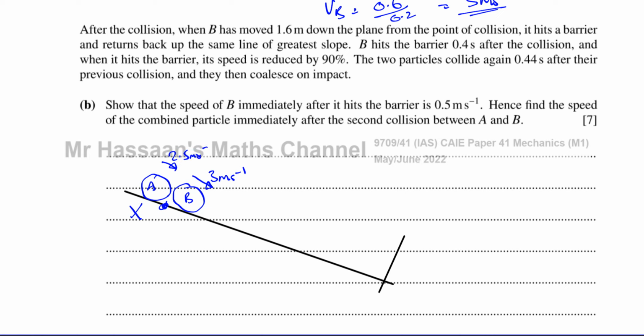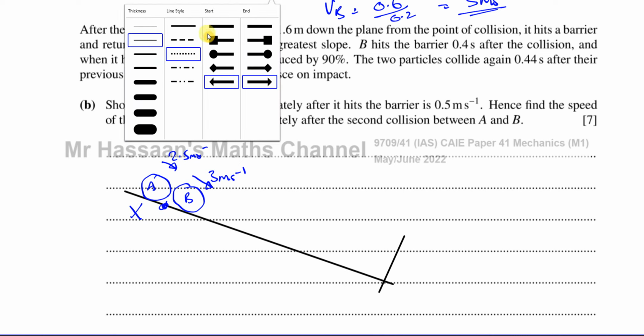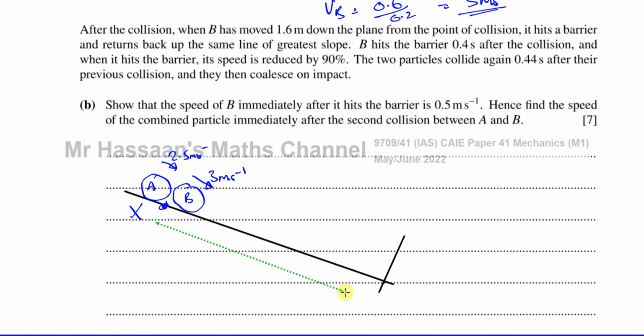Now, the distance down the plane that B moves until it hits the barrier is 1.6 meters. So B is going to move 1.6 meters down the plane and hit this barrier. It hits the barrier at 0.4 seconds after the collision.